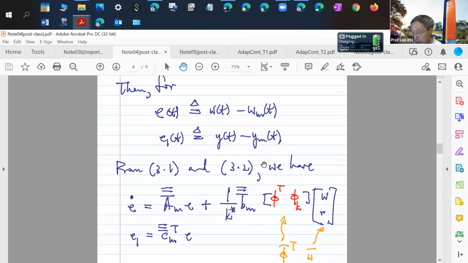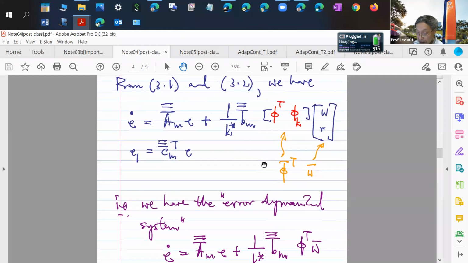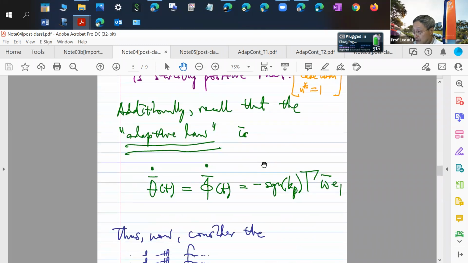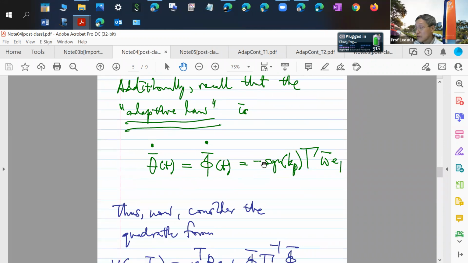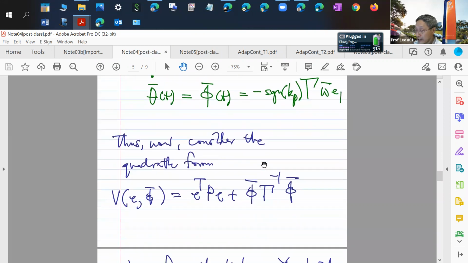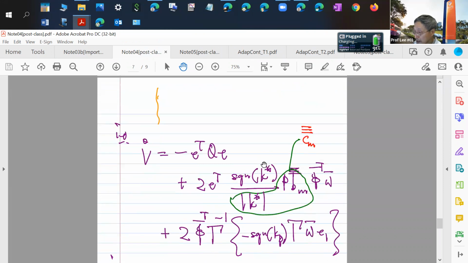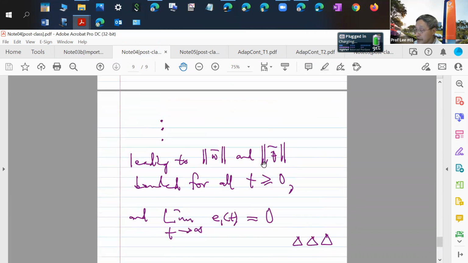But you have to be very clear what is actually implementable and usable. Everything that we have done in the analysis is conceptual, but finally, when it comes to what we need to do, we are only using really available signals. And we are now able to completely establish all these very rigorous results.